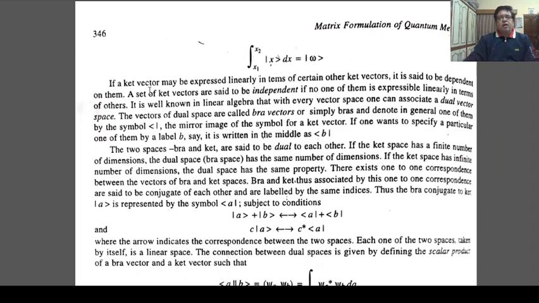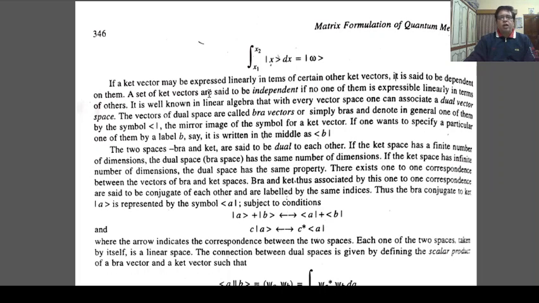This integration shows that if a ket vector may be expressed linearly in terms of certain other ket vectors, it is said to be dependent on them.